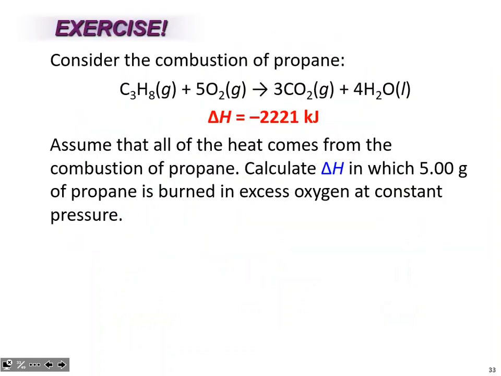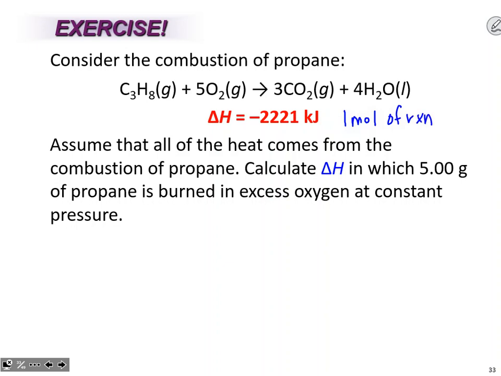Let's look here at a regular enthalpy stoichiometry problem. Here we have propane burning in oxygen giving us carbon dioxide and water. They gave us the delta H for the reaction. This is per 1 mole of reaction.